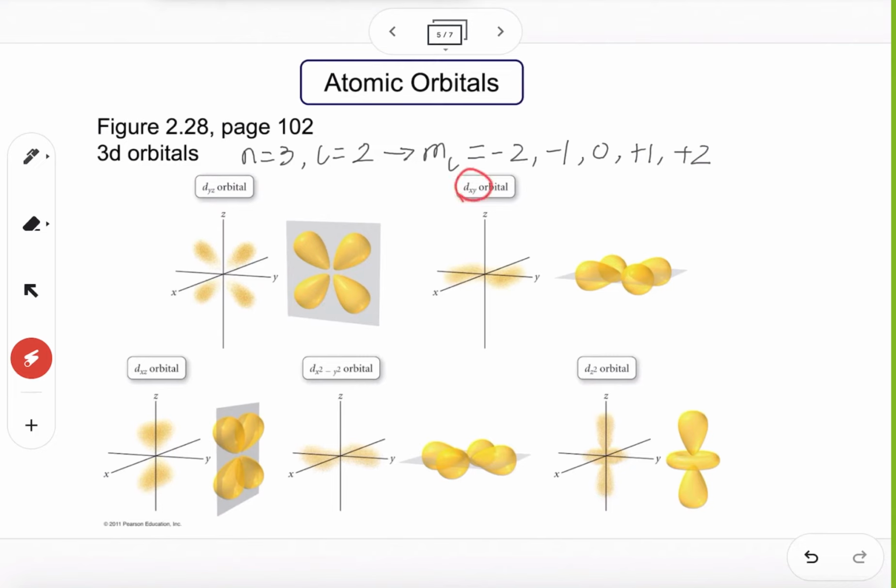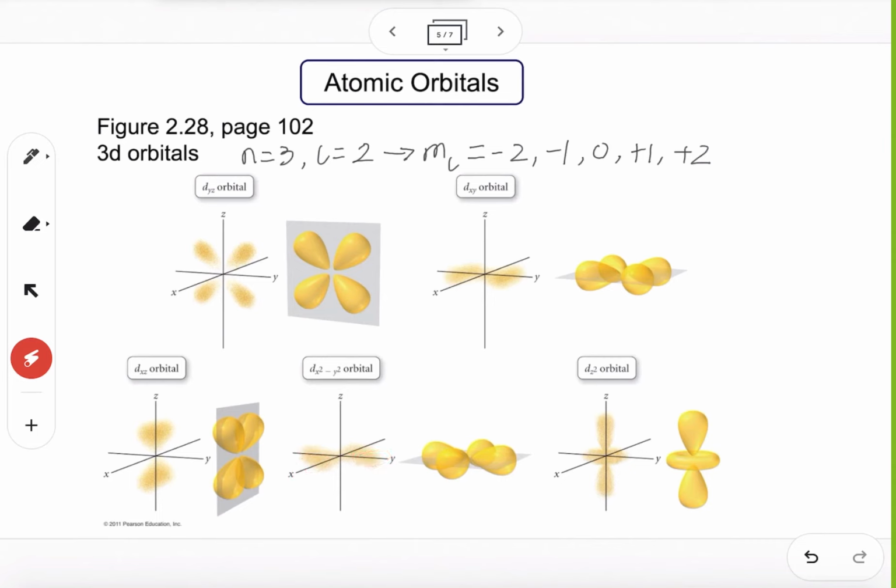For dxy, the 4 lobes are sitting on the xy plane. For dxz, 4 lobes are on the xz plane. dx squared minus y squared is going to be different because you will see that the 4 lobes are on the x and y axis.